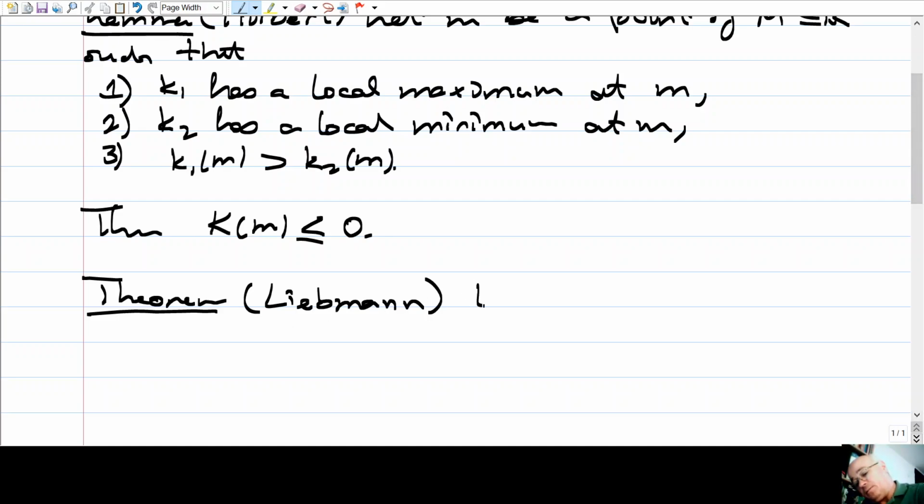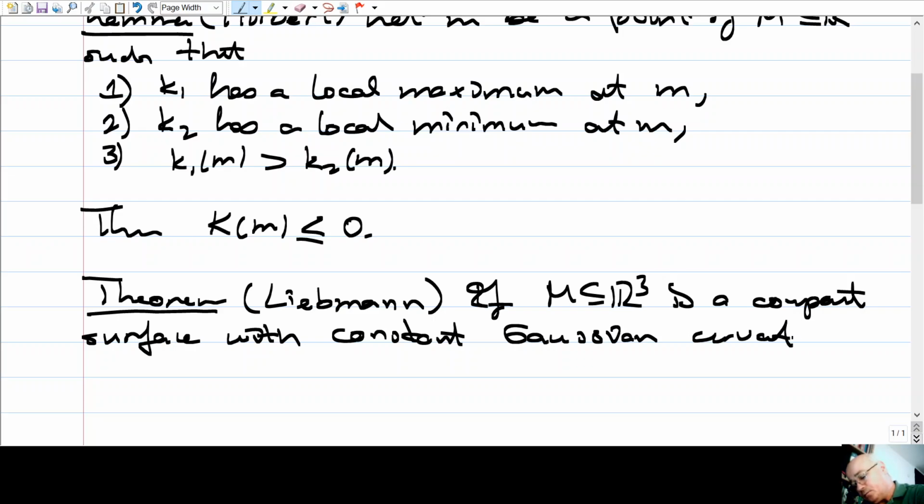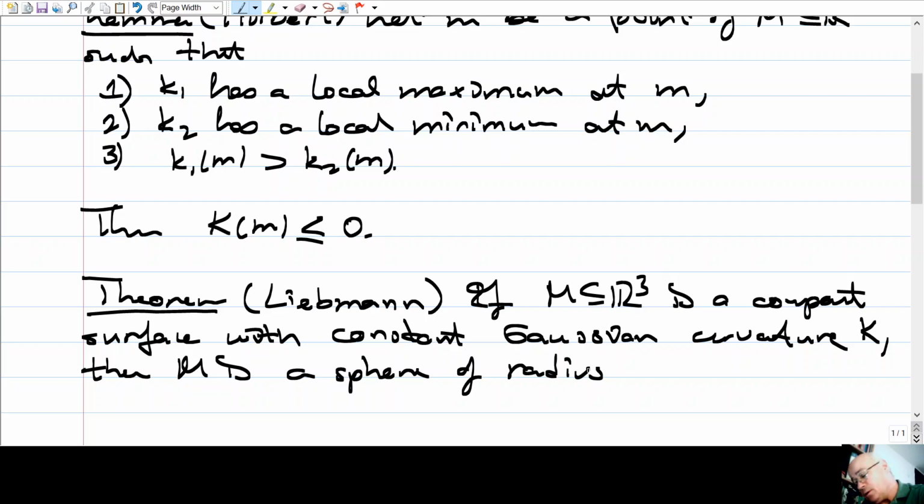So if M is a compact surface with constant Gaussian curvature K, then M is a sphere of radius 1 over square root of K.